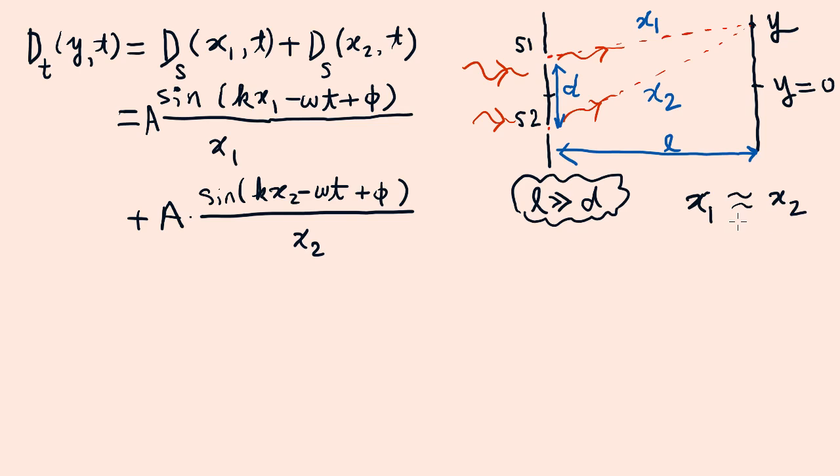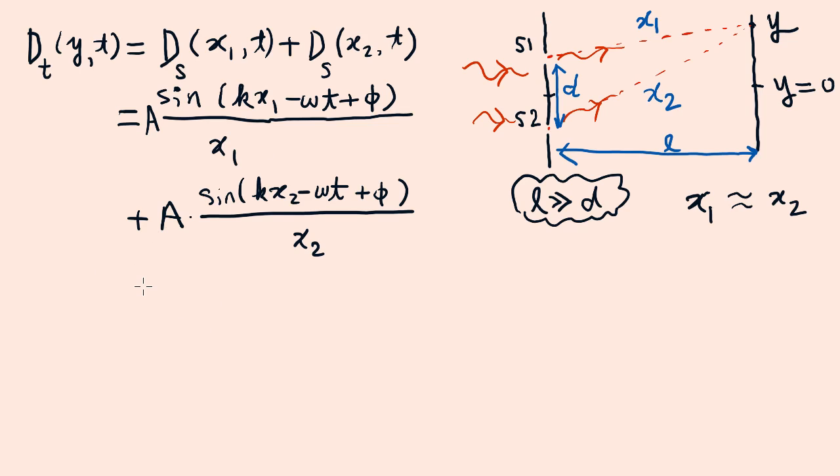So let's make the assumption that x1 and x2 are similar. Then naively one might think, I can replace x2 by x1, so I get two terms which are basically the same, and I can just double this term. But that's not good enough. That's a very crude approximation, and it's wrong.